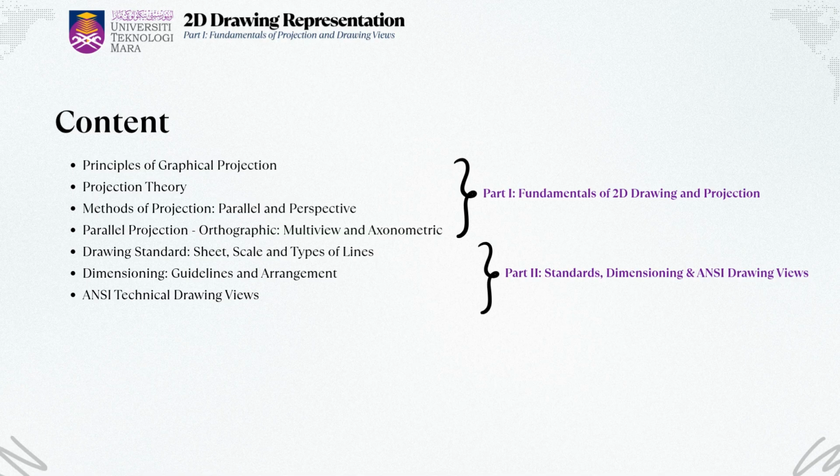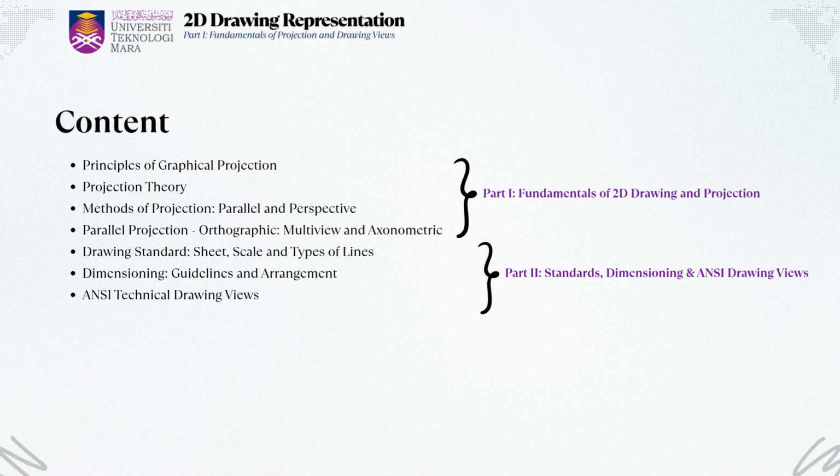We'll also explore the methods of projection, including both parallel and perspective projections, and how they differ in usage and accuracy. From there, we'll go deeper into parallel projection, focusing on orthographic projection, which is the standard method used in engineering drawings. Under this, we will discuss both multiview drawings, where different sides of the object are shown separately, and axonometric drawings, which allow for a more pictorial representation without distortion.